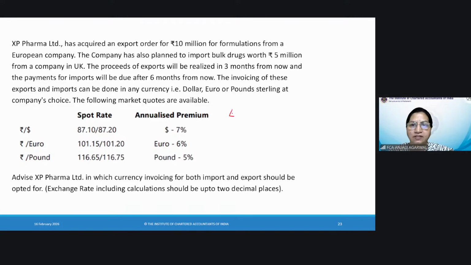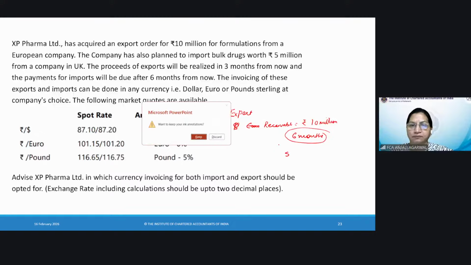So there is an export. So there is dollars, European company. Euros receivable, or I would say receivable, which is rupee 10 million. And this is after 6 months. After 6 months, you are going to receive 10 million. And after 3 months, you are going to pay 5 million.